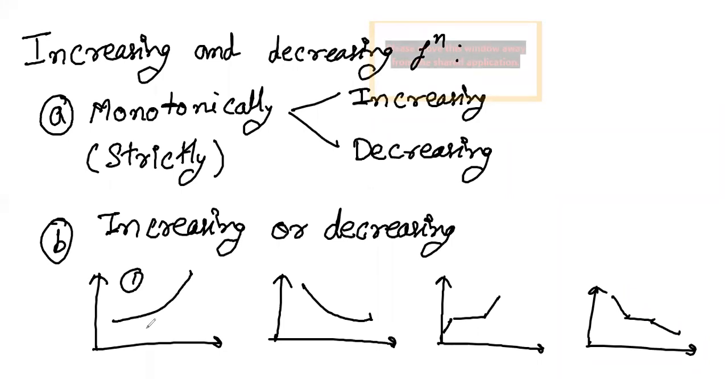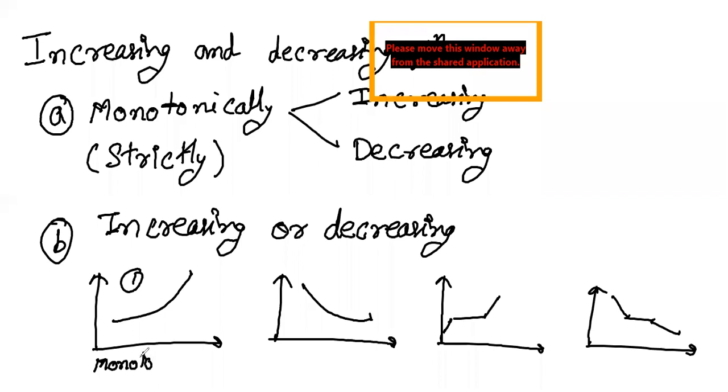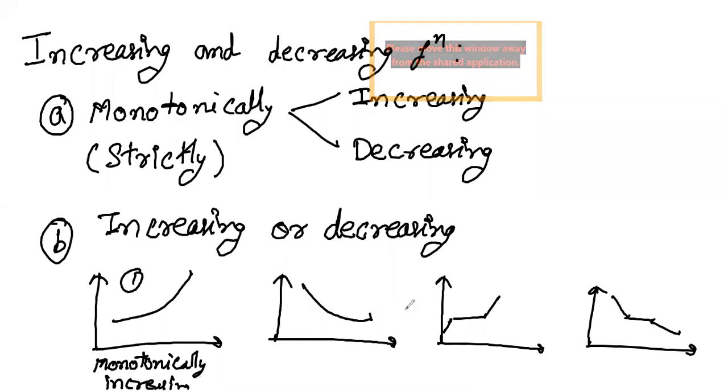It is continuously increasing, so this function is called monotonically increasing or strictly increasing. Second, if it is only decreasing with no constant point, we can say monotonically or strictly decreasing.